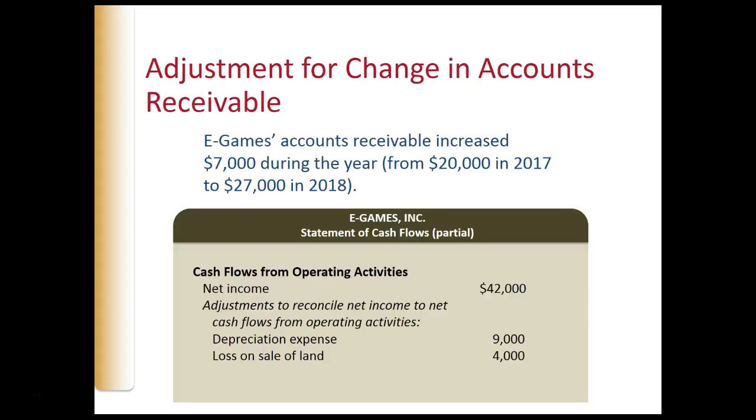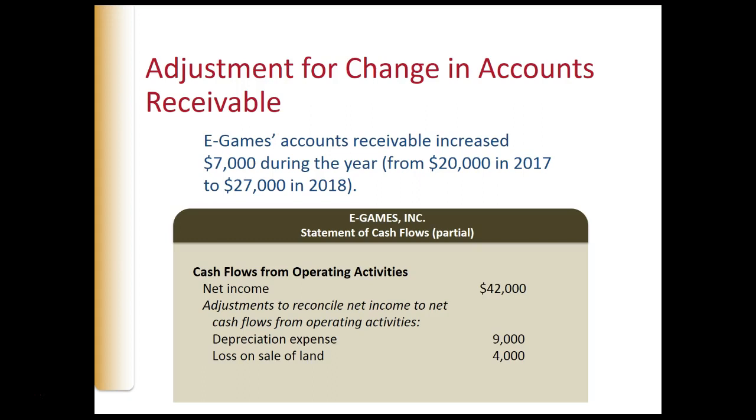So eGames accounts receivable increased $7,000 during the year. It was at $20,000 in 2017, and it went up to $27,000 in 2018. So the $7,000 increase represents $7,000 of sales that eGames reported as part of net income, but it didn't result in operating cash flows.